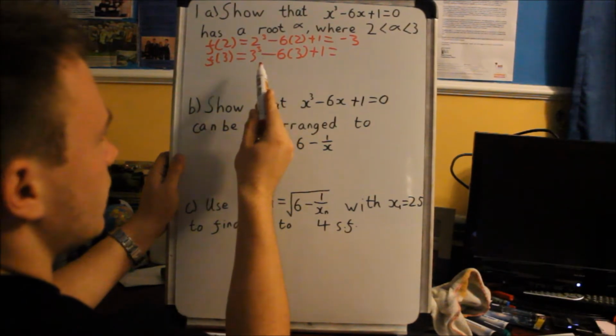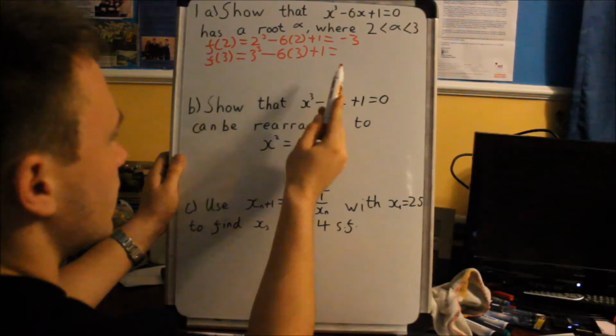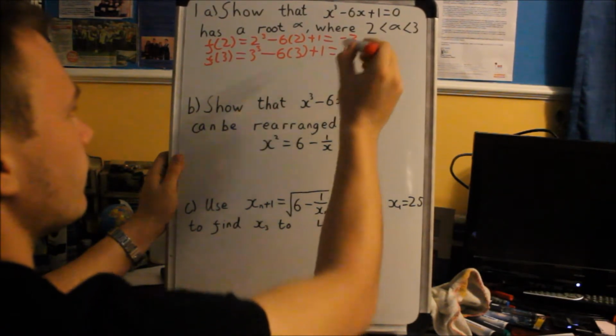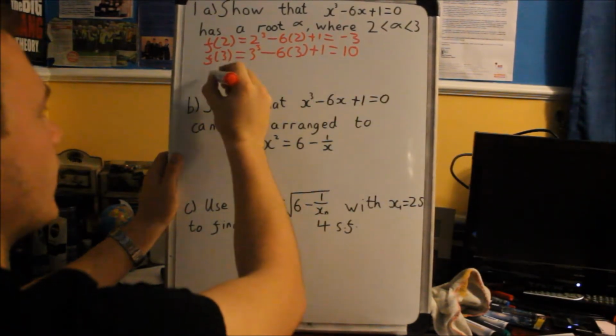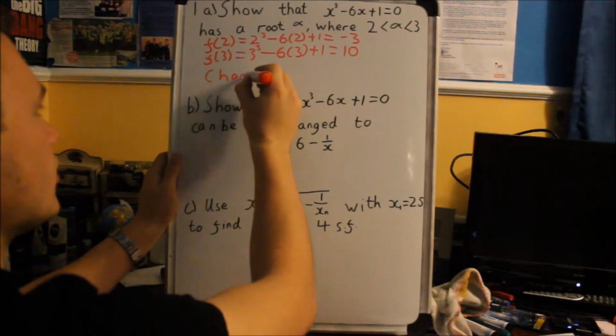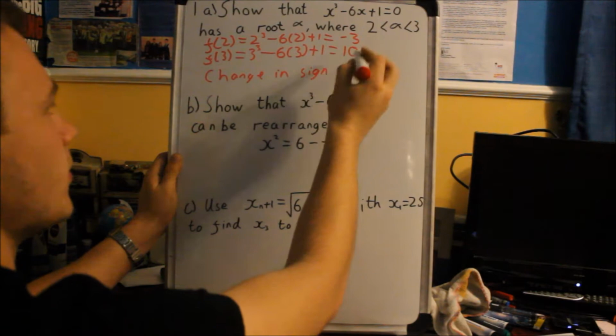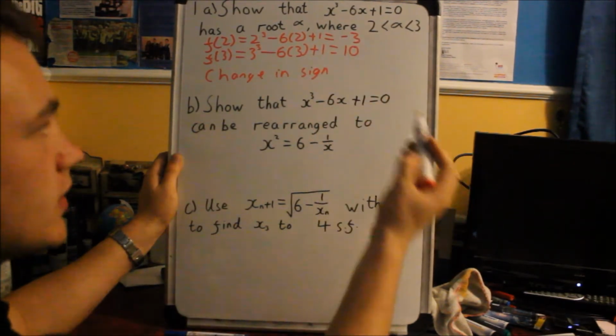So that's 27 minus 18 plus 1, which is 10. So what we can then say is change in sign, because it's changed from a negative to a positive, so there's a change of sign.